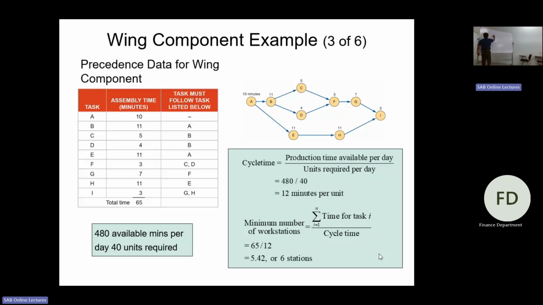Now, out of these tasks, which task is feasible? That is A, nothing else, right? Can we start with B, C, E, or D? No, we can't. We have to start from the sequential order. So it should be A, and without any issue, we assign A to workstation 1.